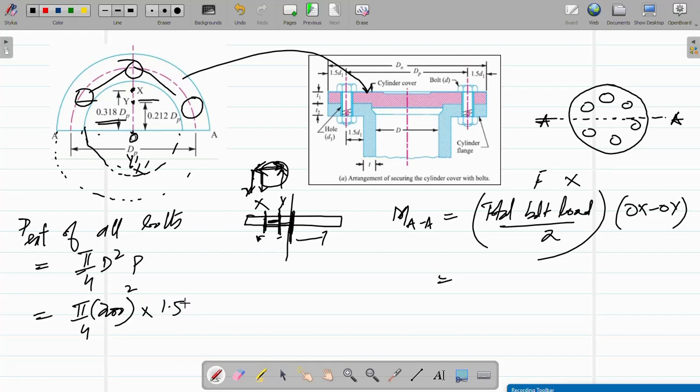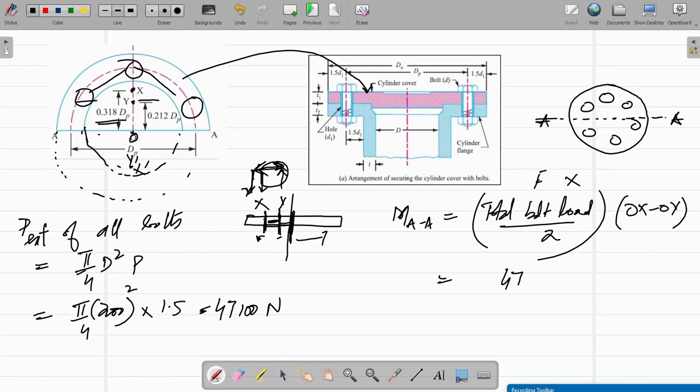So 200 square into 3.14 divided by 4 into 1.5 gives 47,100 Newton. It's the total load due to pressure applied on the bolts. There are two loads: one load is applied due to tightening, and the second due to this.